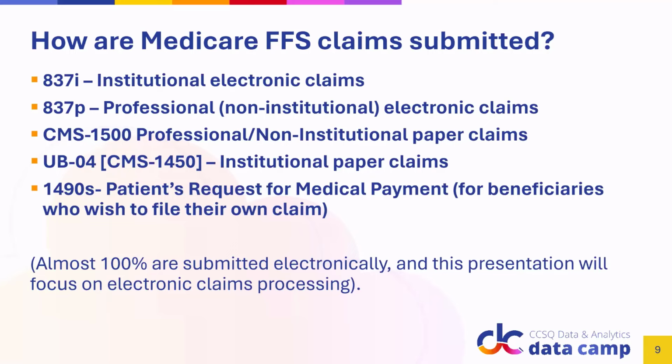There are 12 Part A and Part B MACs, Medicare administrative contractors, and 4 durable medical equipment MACs in the program, and they process Medicare claims for nearly 51% of the total Medicare beneficiary population, which is approximately 34 million beneficiaries.